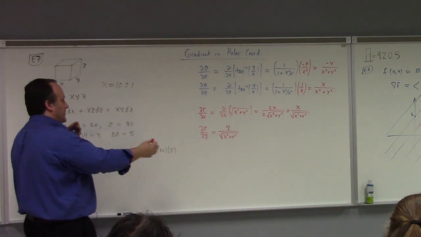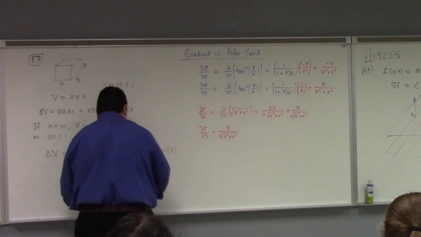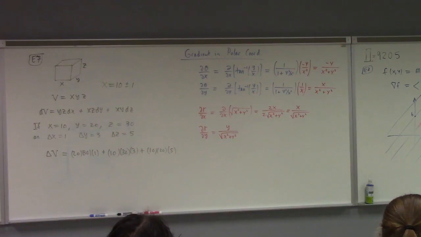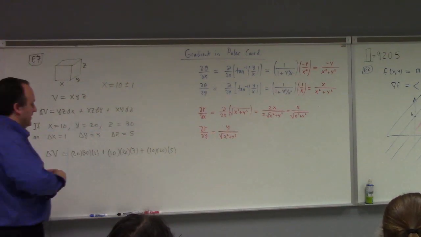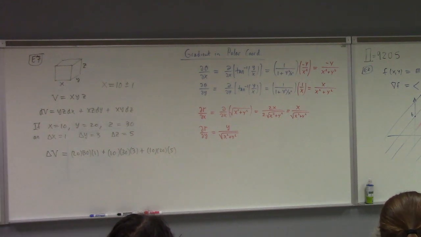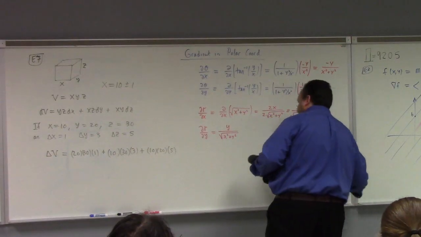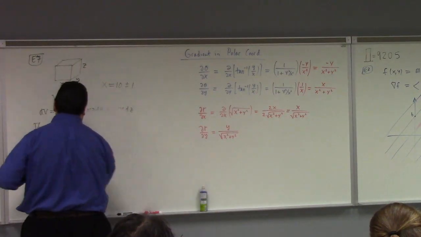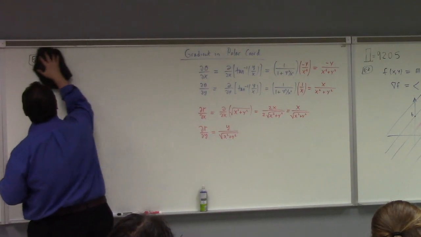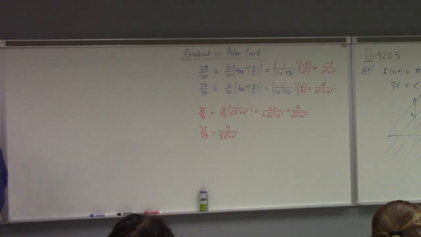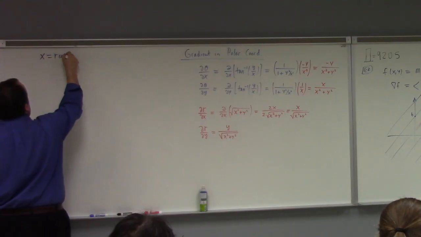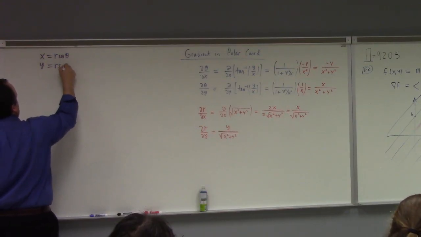Can you guys tell me how to simplify any of these things in terms of polar coordinates? Like how can we reformulate these in terms of the polar coordinate formulas? Let's write those out, lest we have forgotten them. x equal to r cosine theta, and y equals r sine theta.